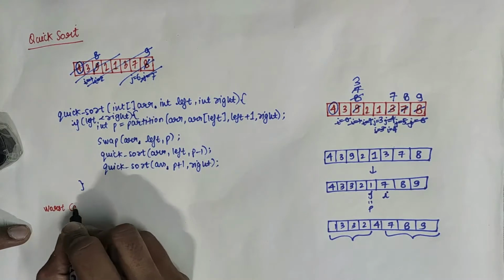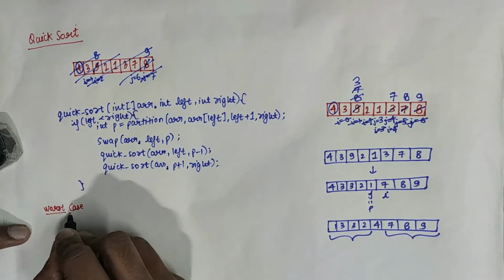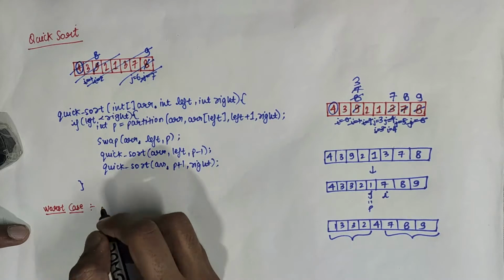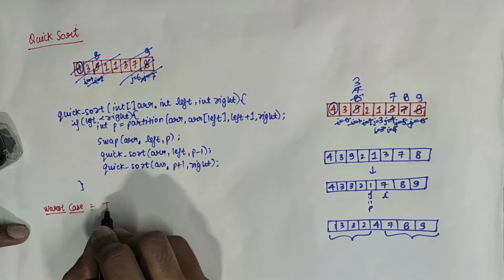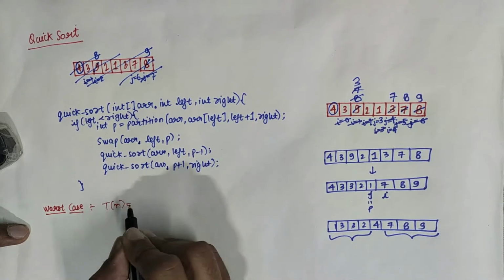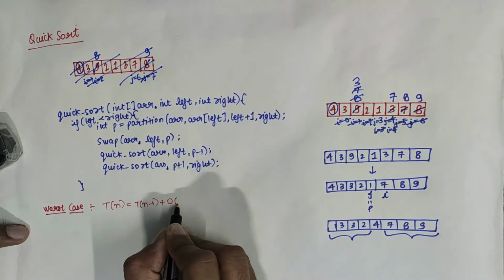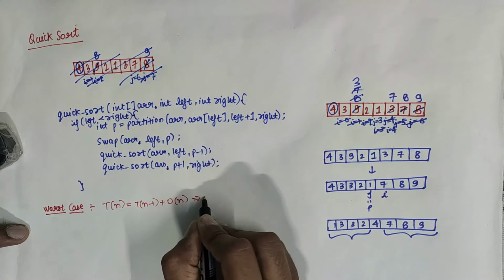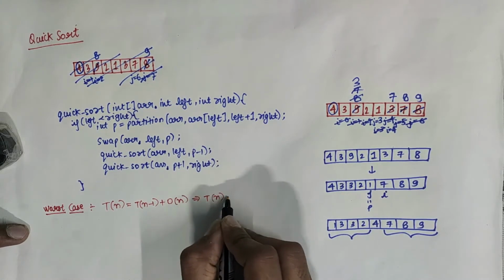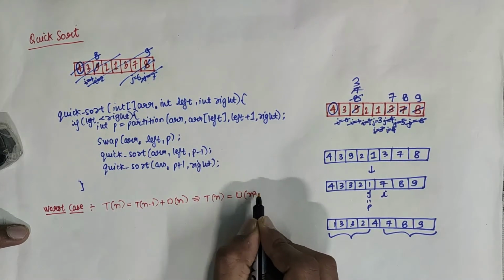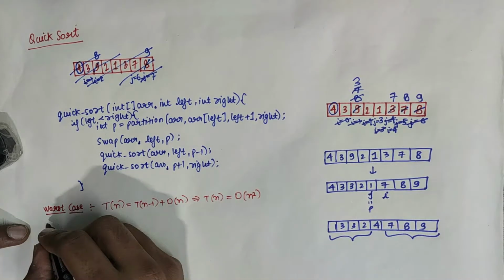The worst case time complexity for quicksort is when the array is already sorted. In that case, T(n) will be T(n-1) plus O(n), because if the array is sorted, the leftmost element will already be at its actual position, and then we will do quicksort on the right part and the left part of it.